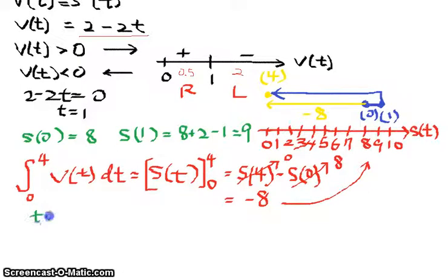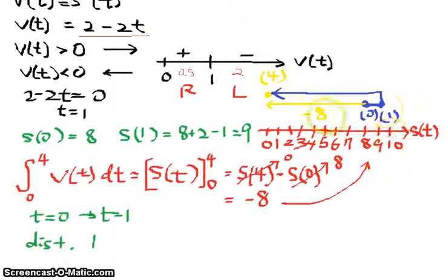From time is equal to 0 to time is equal to 1, my distance traveled is 1 unit.